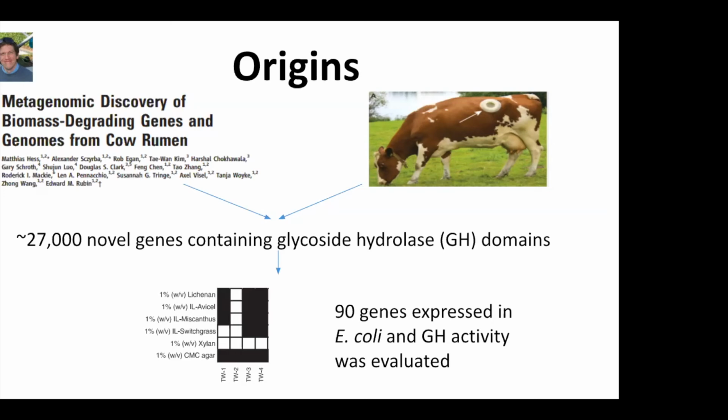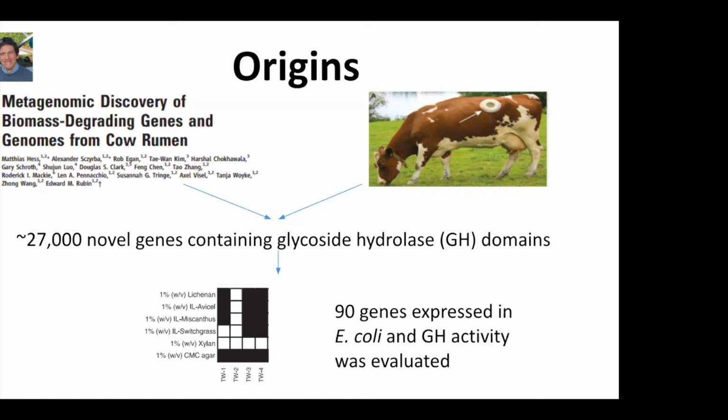And this was at the time the deepest dive into the cow rumen metagenome. The goal here was really to identify enzymes which could potentially make cellulosic biofuel production more efficient. So identifying novel carbohydrate active enzymes, which could help in degrading cellulose and potentially be applied to biofuels.